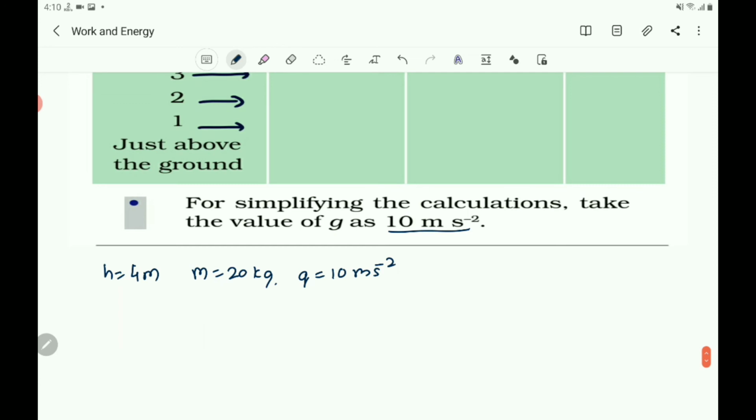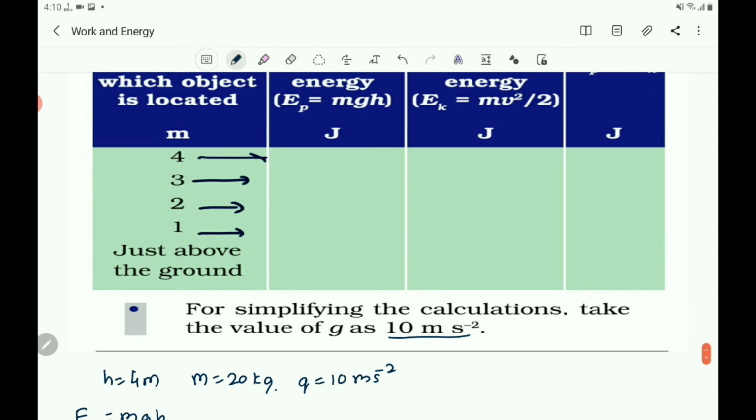Now let us find out the potential energy and kinetic energy, and you know the formula for the potential energy, that is Ep equals m g h, that equals 20 into 10 into 4. You will get 20 into 10 is 200, 200 into 4 is 800 joules. So you can write it is 800 joule.